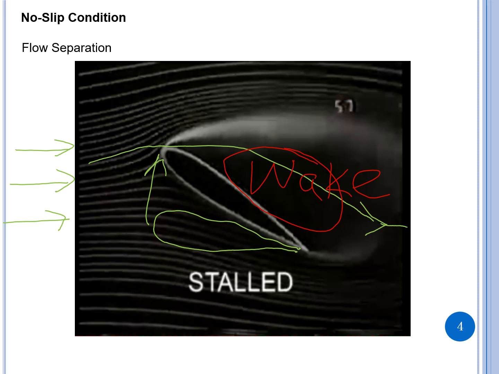This area basically has low pressure. When there is a low pressure here and high pressure there, the fluid will move in this direction, which causes the reverse flow.